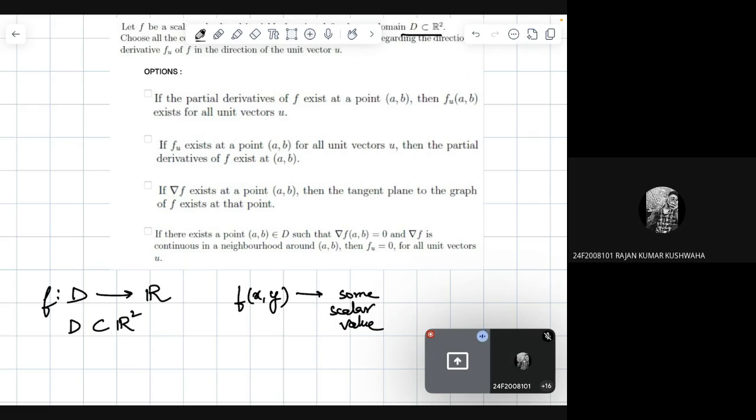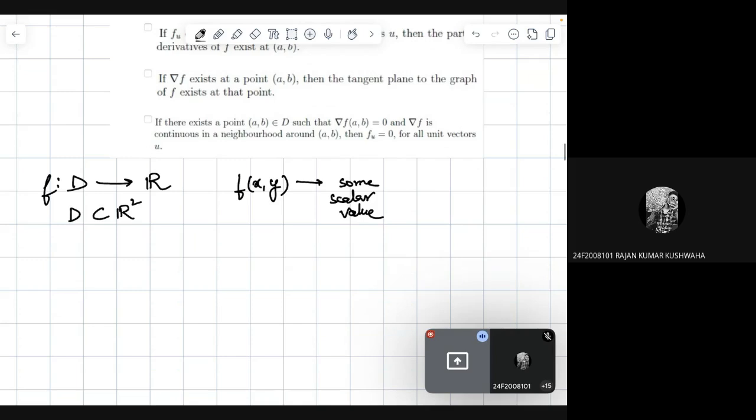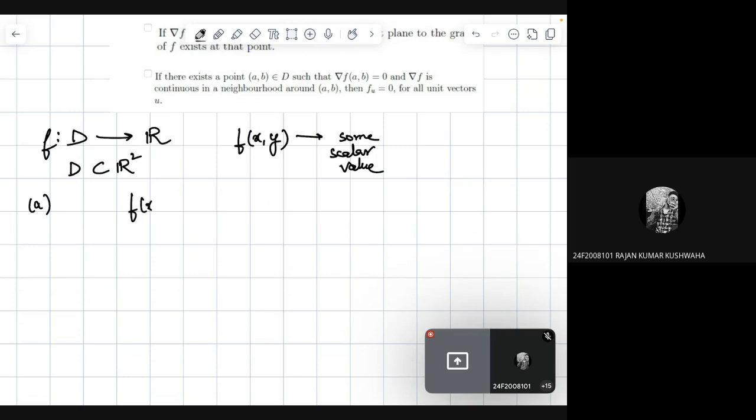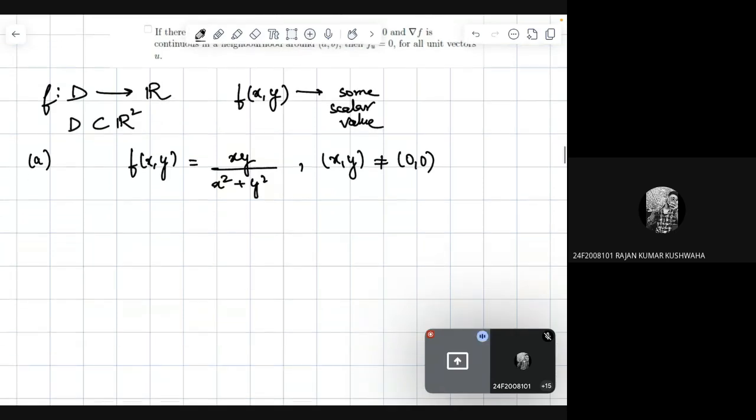So let's look at a function. Consider the function f(x,y) equal to xy divided by x square plus y square, where (x,y) is not equal to (0,0), and 0 when (x,y) is equal to (0,0).